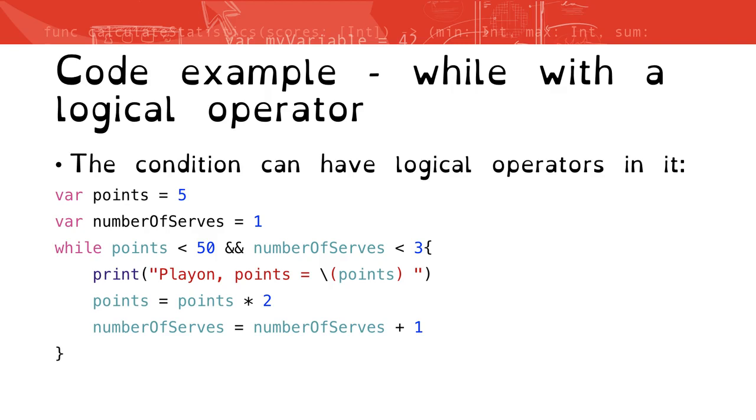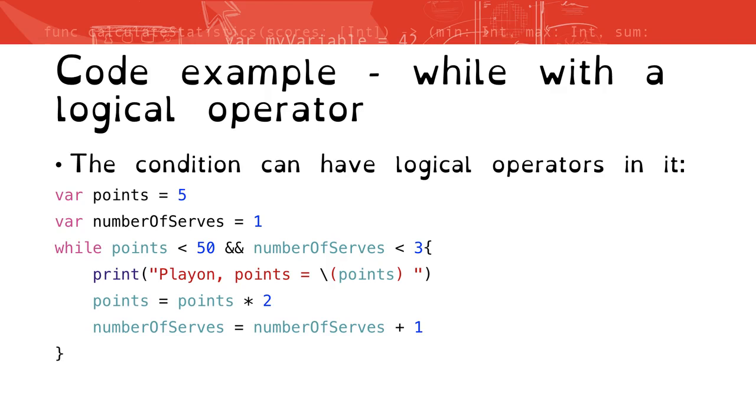So in other words, our while loop will not be entered into unless both sides of that AND operator are true. So, the while loop will start while the variable points is less than 50 and the variable numberOfServes is less than 3, which in this case it is. 5 is less than 50 and 1 is less than 3.